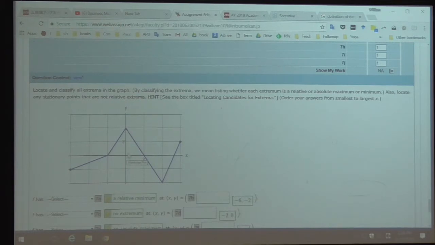Because you can draw an open interval around it, and it's a maximum in there, right? So it's an absolute maximum and a local maximum. I think the book adheres to that terminology. Most books do. They'll call this not only an absolute maximum, but a local maximum. Okay? Now, where is the absolute minimum?